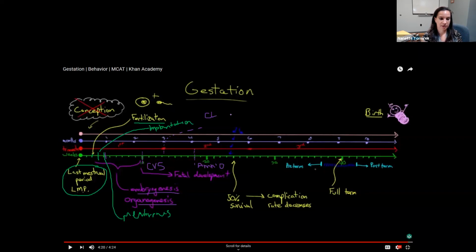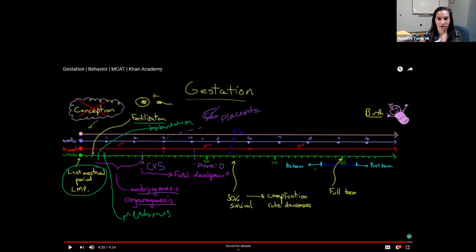Now, at the 3rd month, crossing over from first trimester to 2nd trimester, that's right about when we lose the corpus luteum, and we hope that the placenta, which has grown out of those extraembryonic membranes from the 1st month, now that it's had a couple months to grow, is going to be big enough and strong enough and enough of a source of hormones, progesterone and human chorionic gonadotropin hormone, to carry the pregnancy.